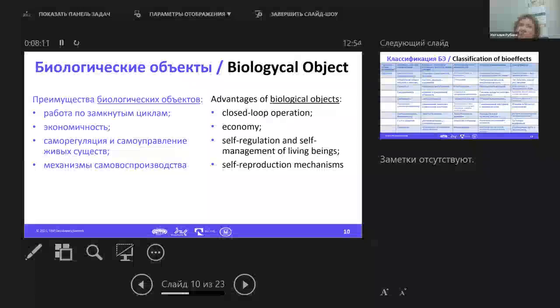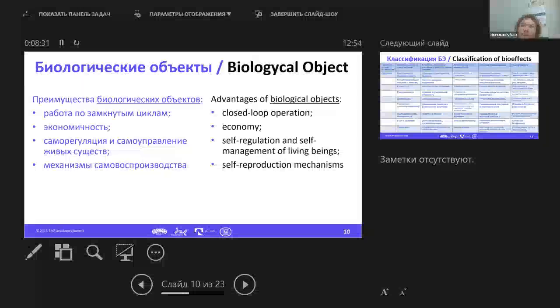What are the biological objects' advantages in comparison with technical objects? Biological objects can work in closed-loop modes. They can use the same elements over and over again. Again, this is closed-loop operation.